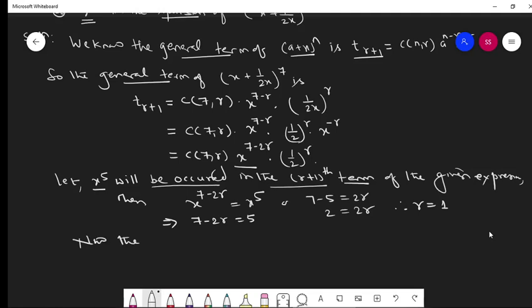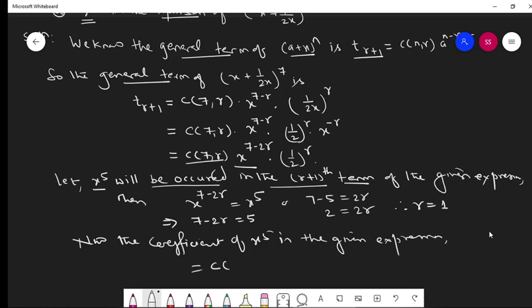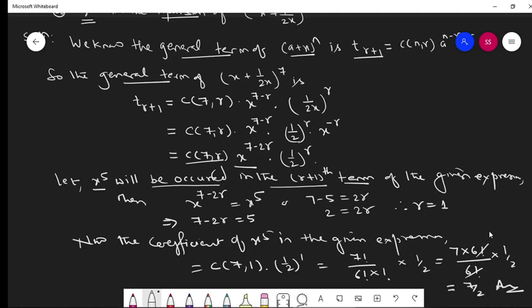Now the coefficient of x to the power 5 in the given expression equals 7C1 times 1/2^1, which equals 7 factorial over (7 - 1) factorial, 6 factorial, times 1 factorial, times 1/2. That equals 7 times 6 factorial by 6 factorial times 1/2, which equals 7/2. Answer.